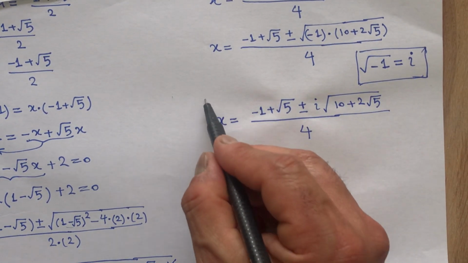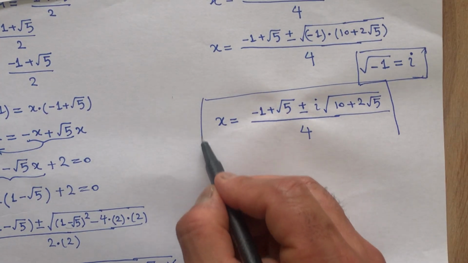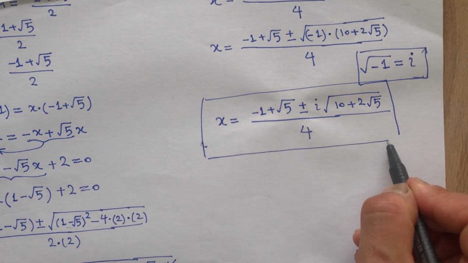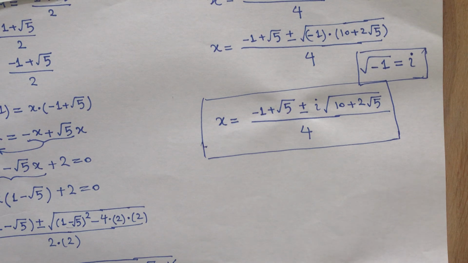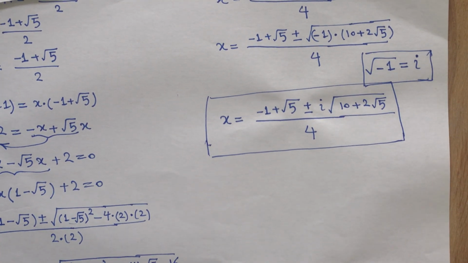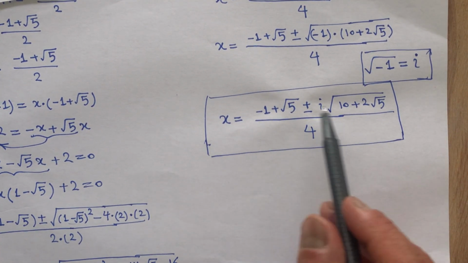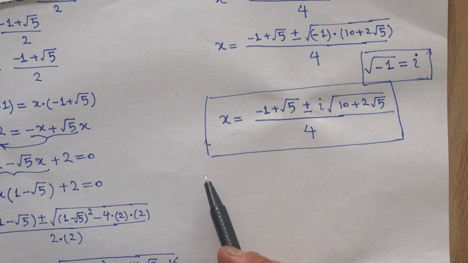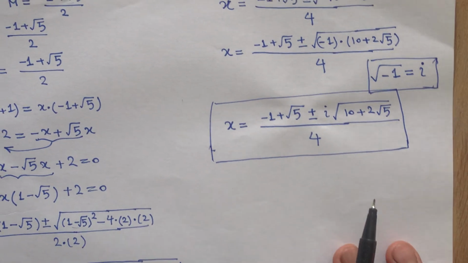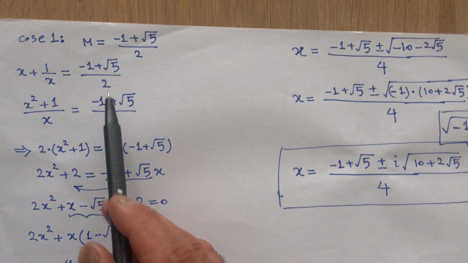So these two, you cannot simplify. Maybe you can just divide by 2, but it's not a point. But these two roots are only for case 1, when m is defined like here.